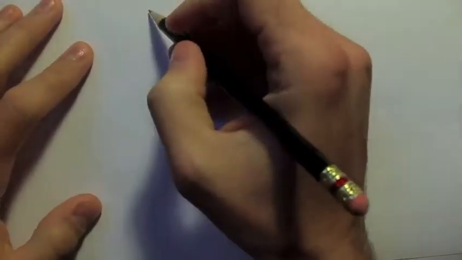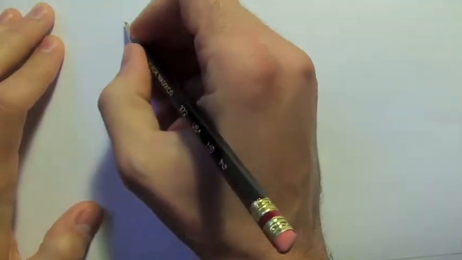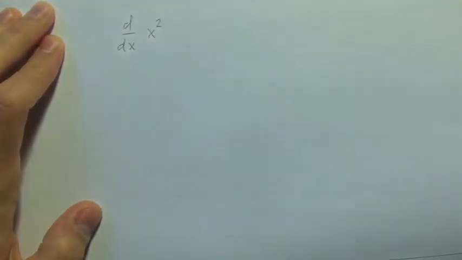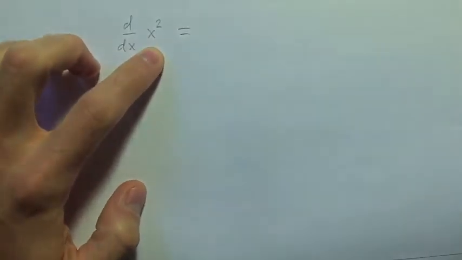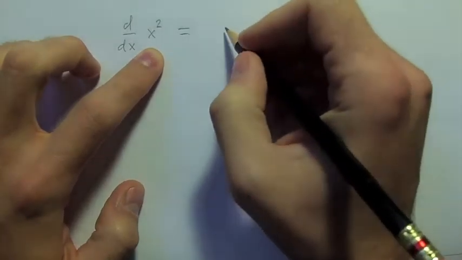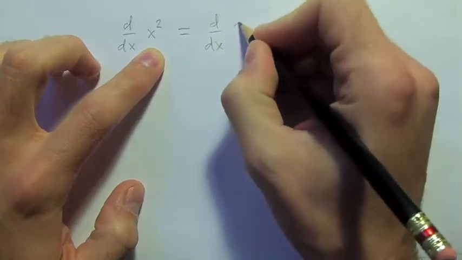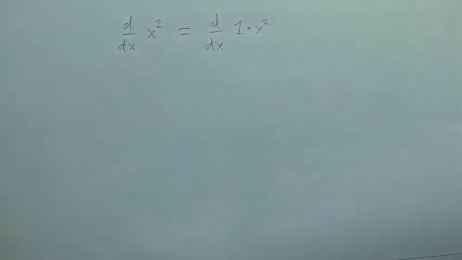And the reason is that if you're taking the derivative of, say, x squared, which we know is actually 2x, keep in mind that everything, no matter what we look at, has a 1 sitting out front. We always have that 1 times x squared sitting there.